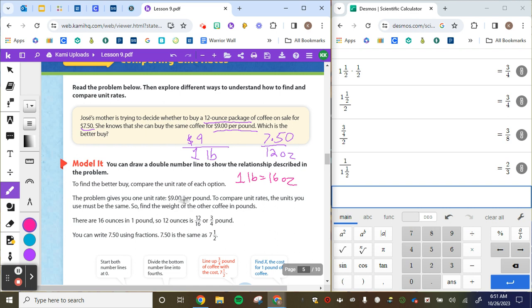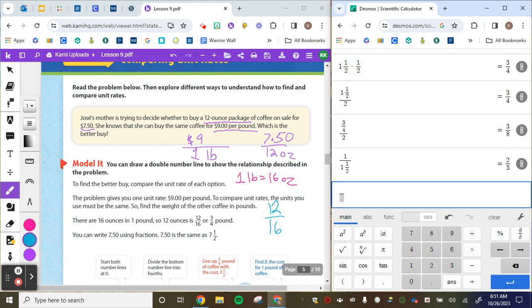So we have 12 ounces. And we're going to make that fraction and we're going to simplify it. So 12 ounces for 16 ounces is 1 pound. So 12 ounces over 16, we can use our Desmos calculator to simplify that. 12 over 16, remember, we're going to click the fraction button and we will get 3/4.